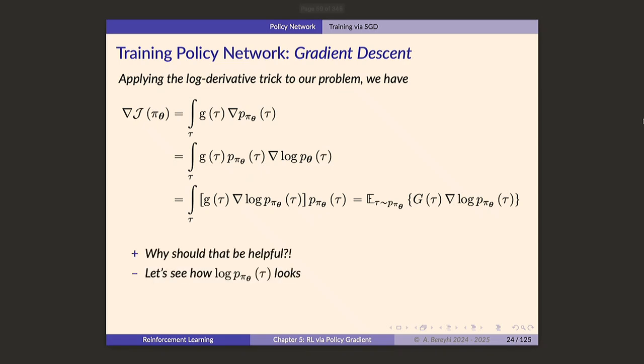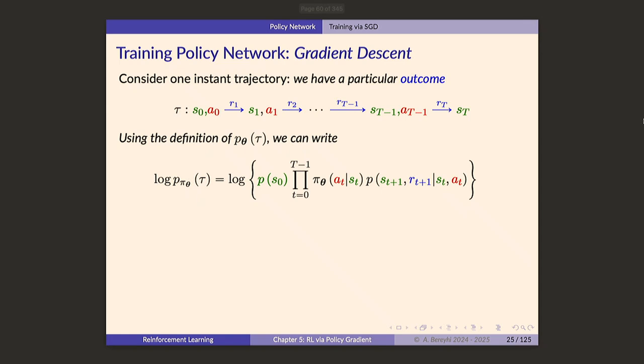OK, that's it. Now, the key point here is that you might say, that sounds nice, but what about this log of pi? This is also problematic, because it depends on the p-value, which depends on our environment transition function. That p of pi theta depends on your transition in the environment as well. So let's open that up as well.